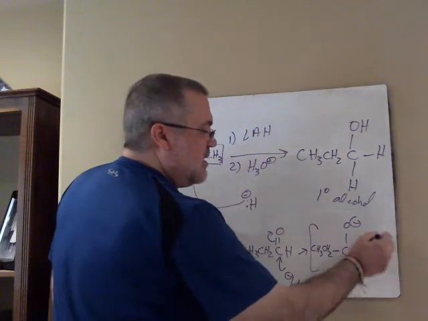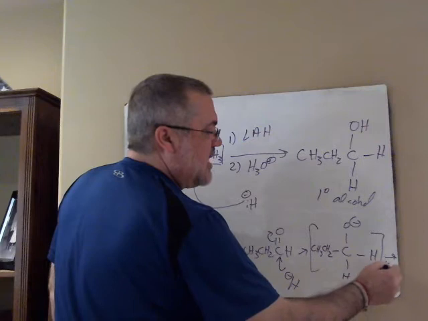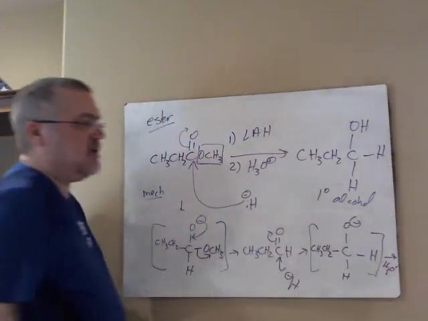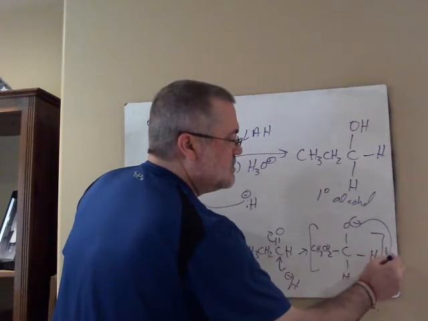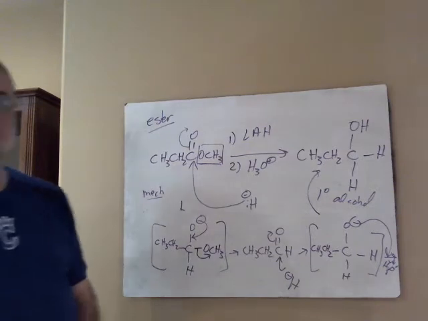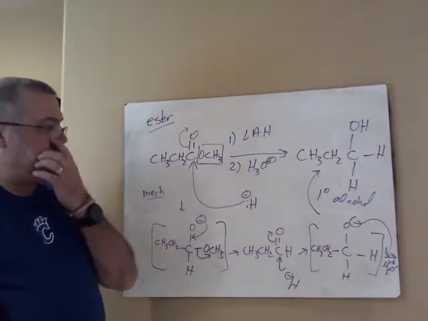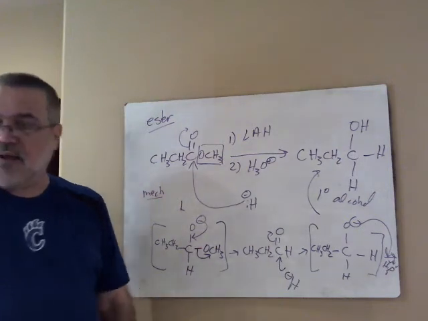And then it's just a matter of treating this with the aqueous acid, which protonates this oxygen and gives me the product that we've shown. Okay, same mechanism we saw with Grignards. I just showed you again to make sure.